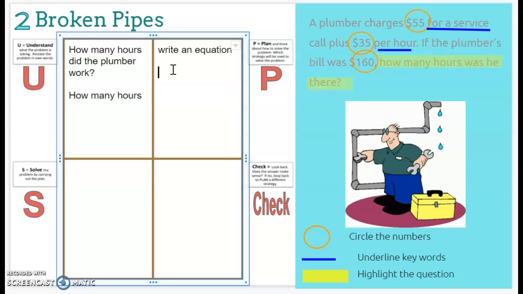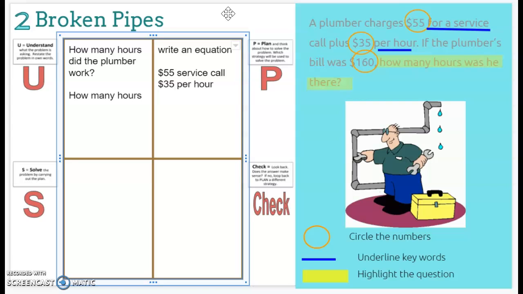Let's see what we have. We have 55 flat fee or service call fee. Let's do that. Service call. Okay, let's make sure that Miss Young can type. Okay, so $55 for a service call. Then we have $35 per hour.